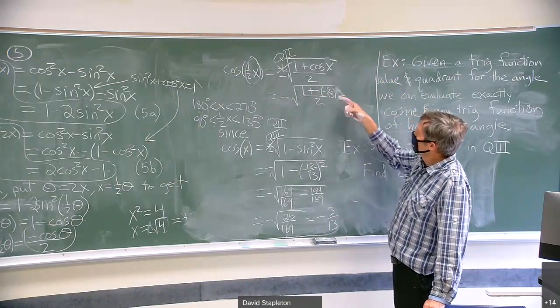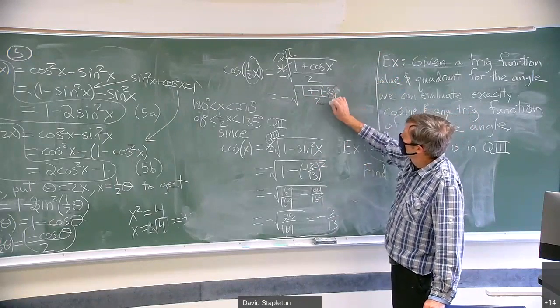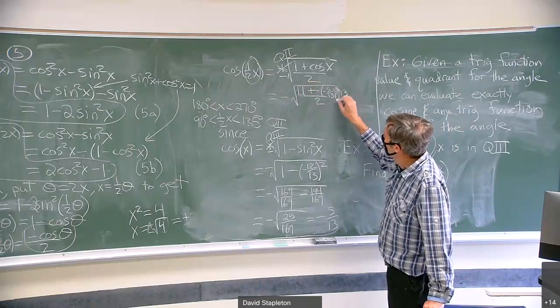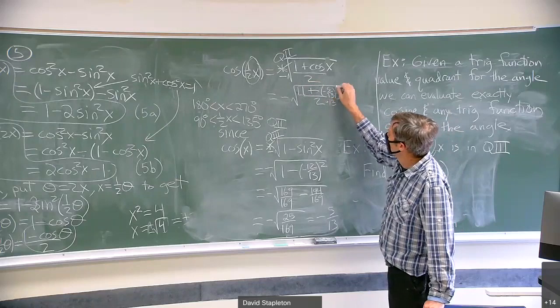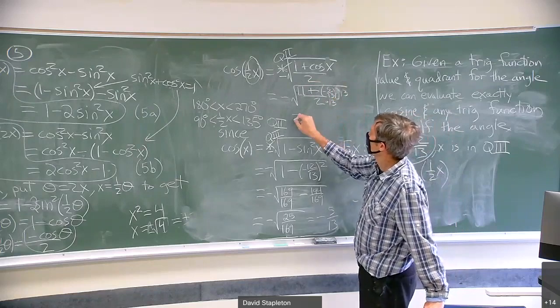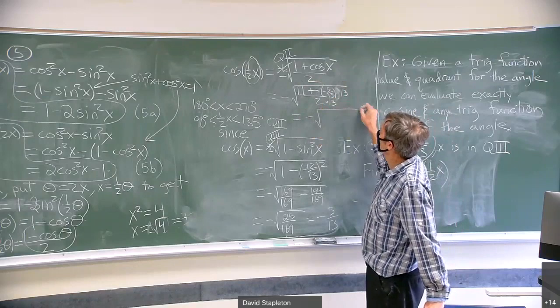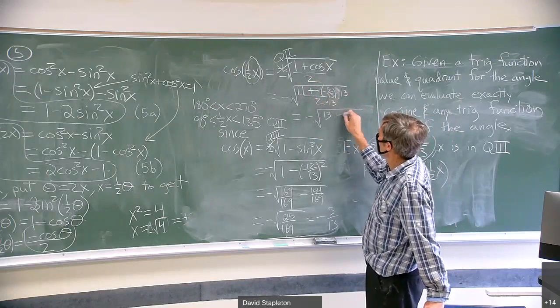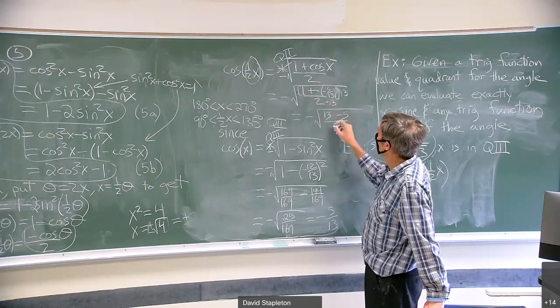So what do I do to get rid of the 13 here? I multiply top and bottom by 13, so I don't change the quotient. Now what I have is minus the square root of (13 minus 5) all over 26.